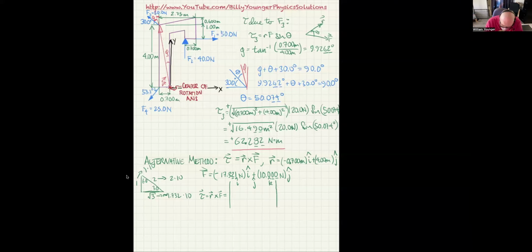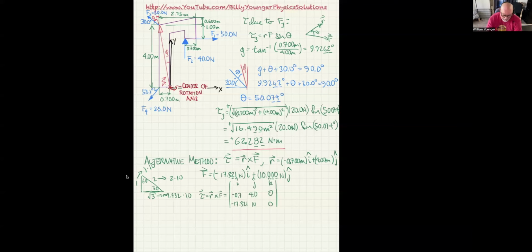My second row is going to be R, the first vector in the cross product: negative 0.7 is the x component. Again, we got 3 sig figs in total, but we're not going to waste all the space in here. We got 4.00, technically, for the y component, and 0 for the k component. And then for the force, we got negative 17.321 for the x component, 10 for the y component, and 0 for the z component.